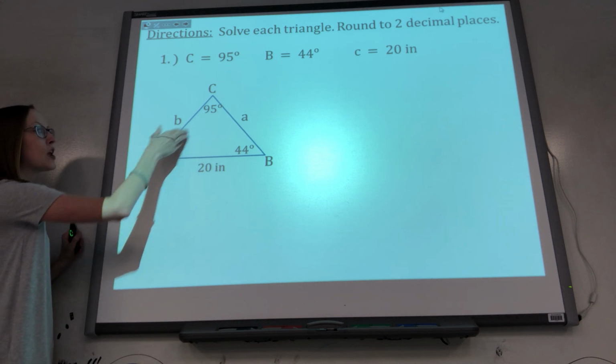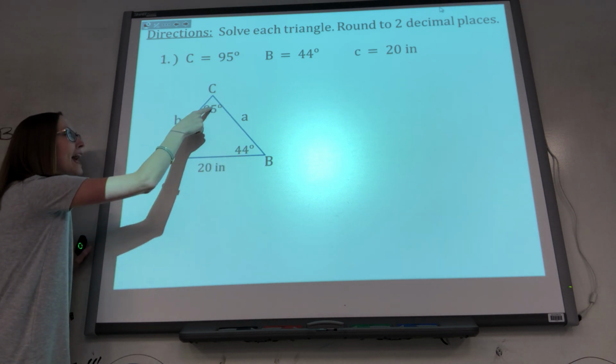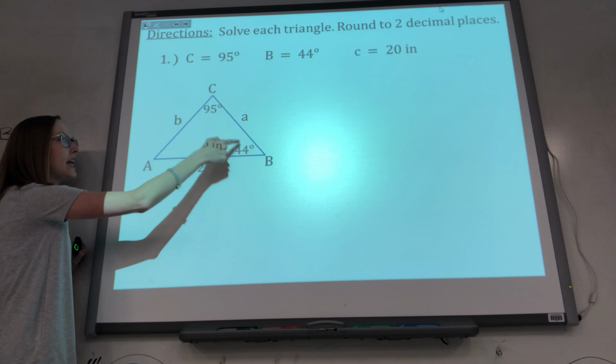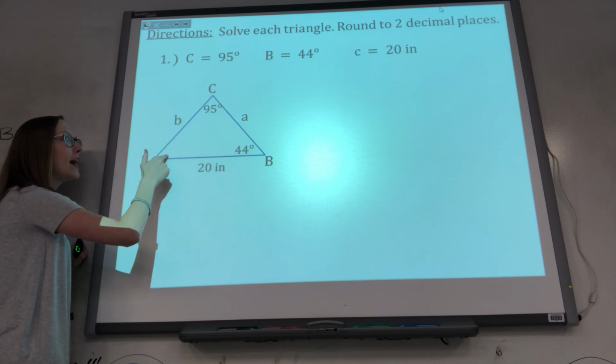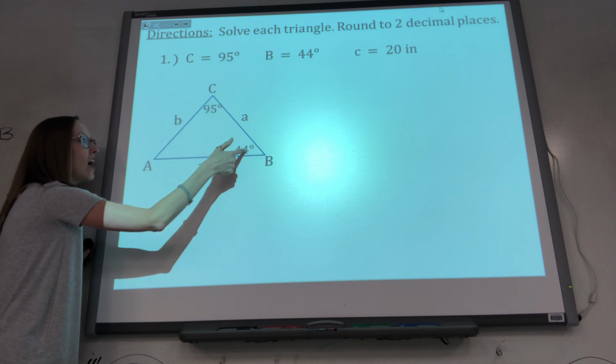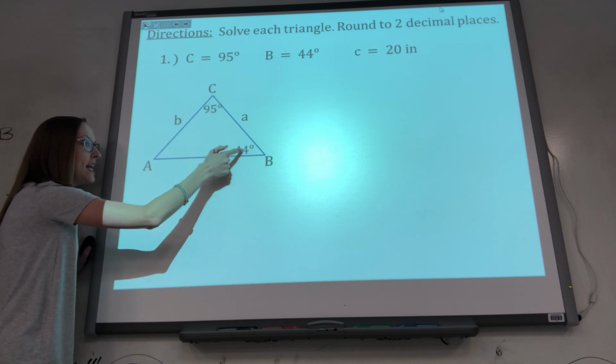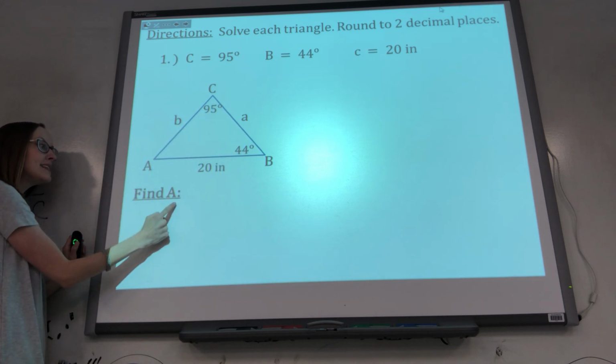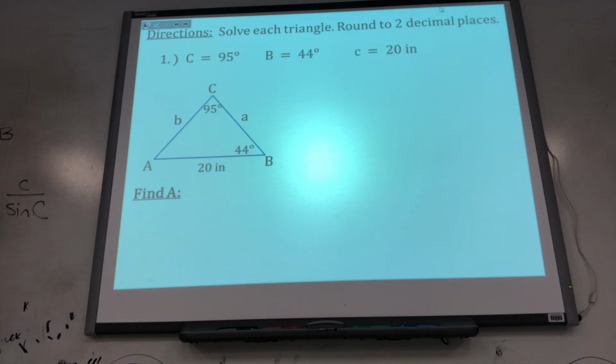Even though this is an oblique triangle, the angles should still add up to 180. I already know angle C, and I already know angle B, so it would be pretty easy to find angle A given the other two angles. So that's what I'm going to do first.